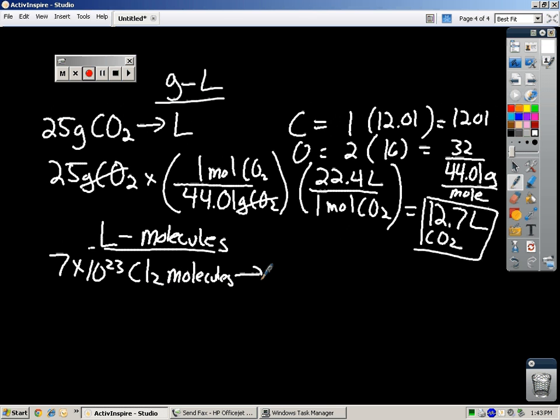There you go. And you're going to convert that to, oh shoot. Oh well, we'll do it backwards. We'll convert those to liters. No big deal. Instead of liters to molecules, we'll do molecules to liters. There you go. Alright, give that a try, see if you can do it. If you can't, raise your hand and I'll try to help you a little bit.